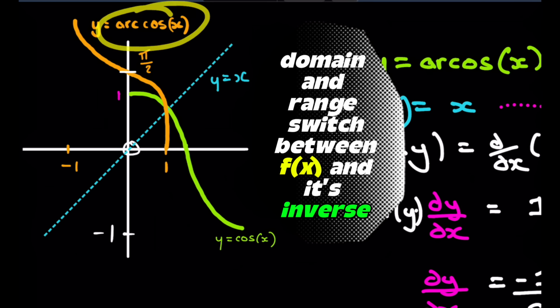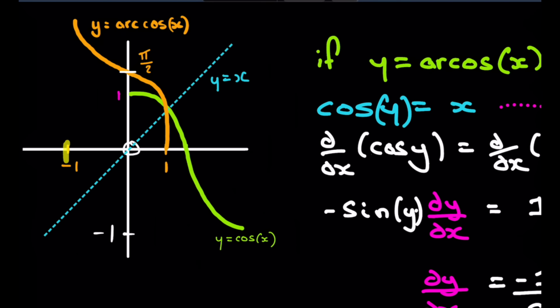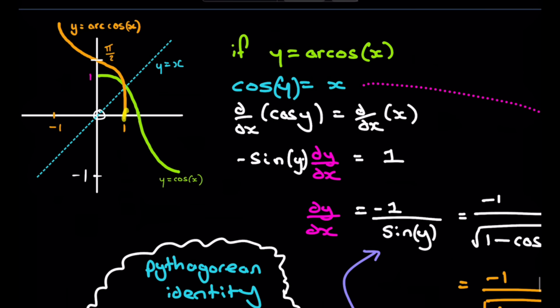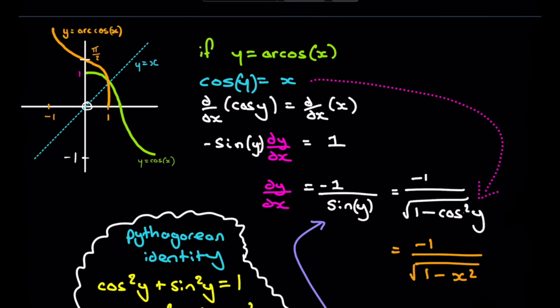So the domain of arc cosine is now -1 to 1. And if we just simply say that y is equal to arc cosine x, then we take cosine of both sides. So if you take cosine of arccos, then just like a function of an inverse function, it just becomes x. So that's why we just get x on the right hand side.